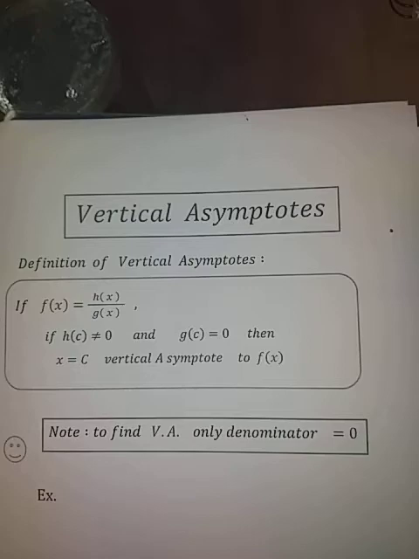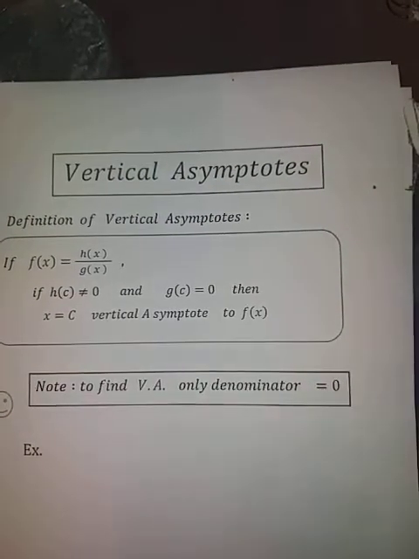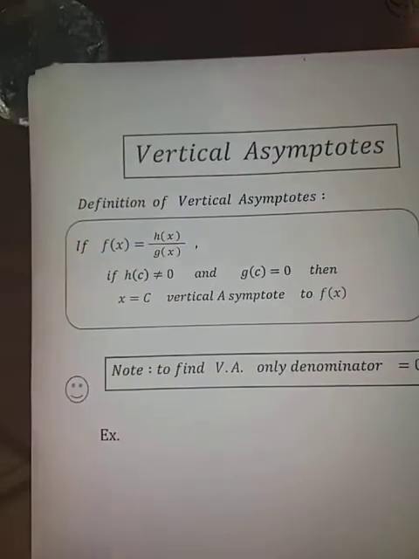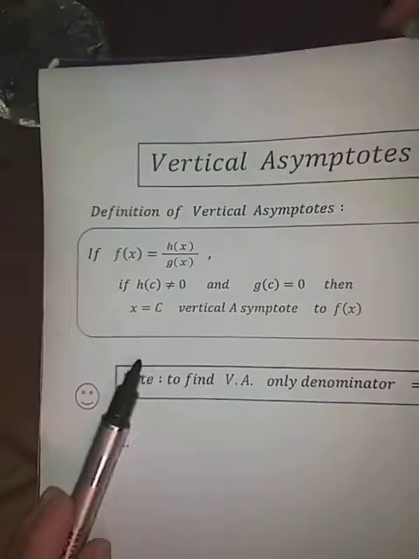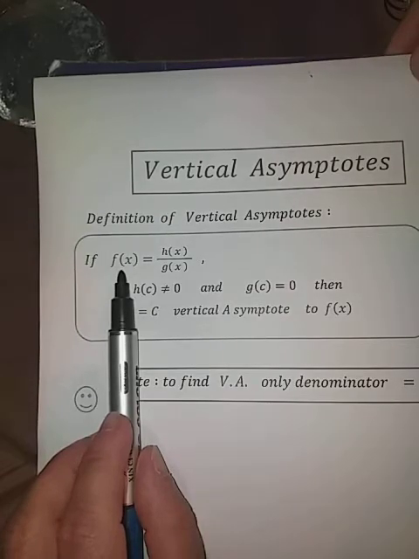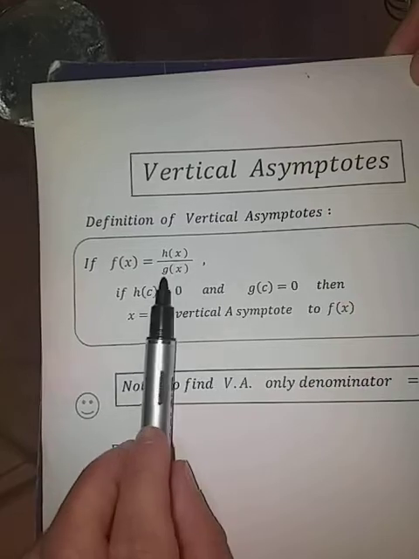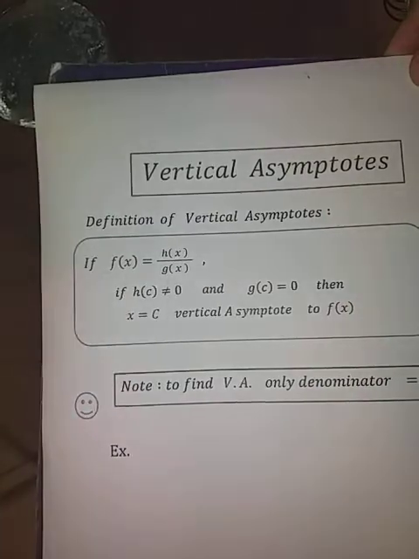Definition of vertical asymptote. If we have a function f of x equal to h of x over g of x, this is a rational function.